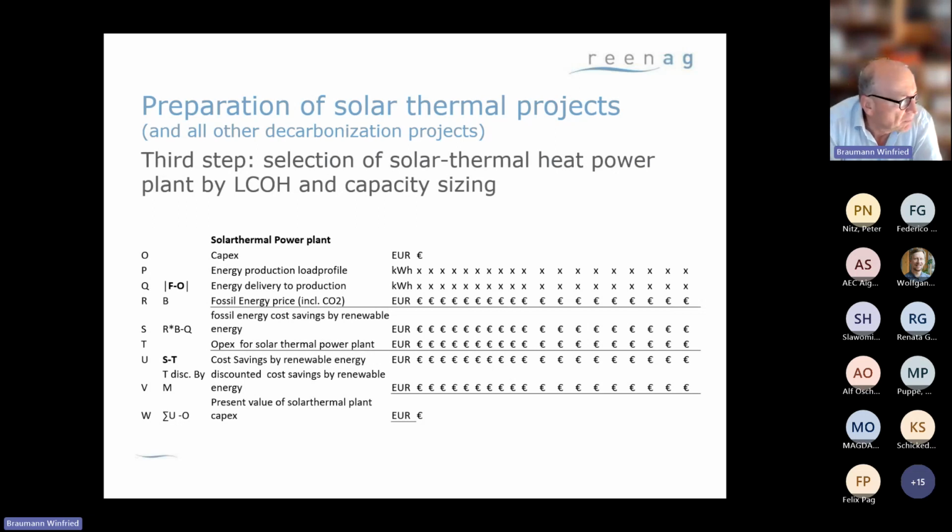By adding additional capacity and, let's say, taking into account some underutilization of the capacity, the profitability is reduced, but should be reduced only until the capacity where the investment still has a positive present value.